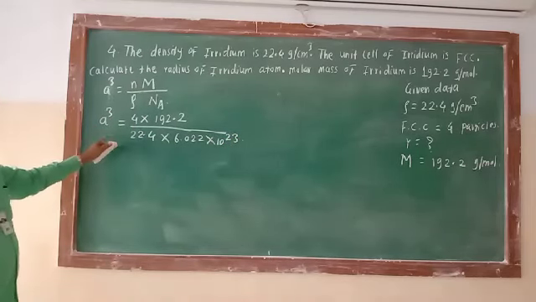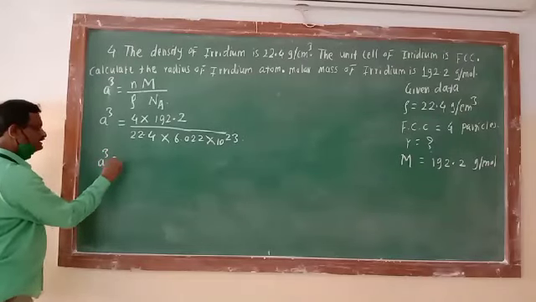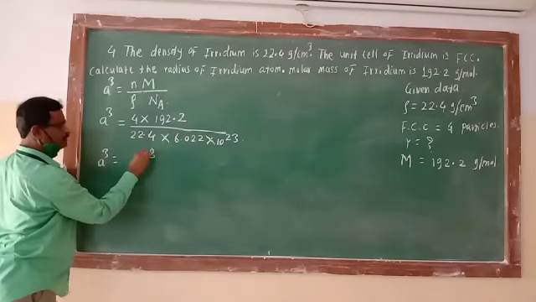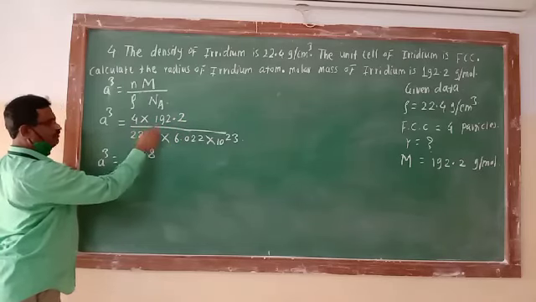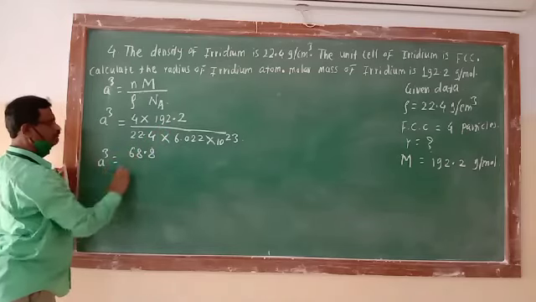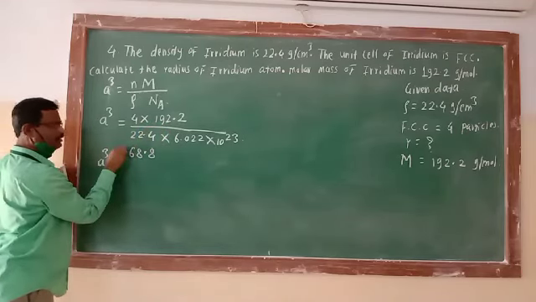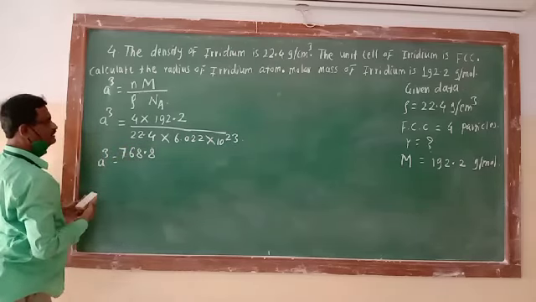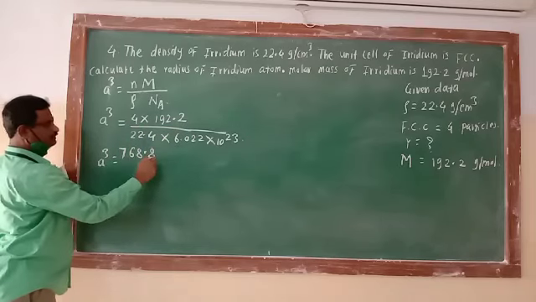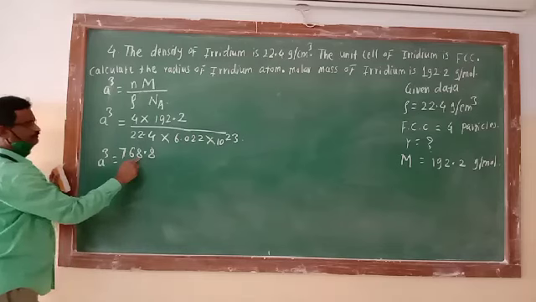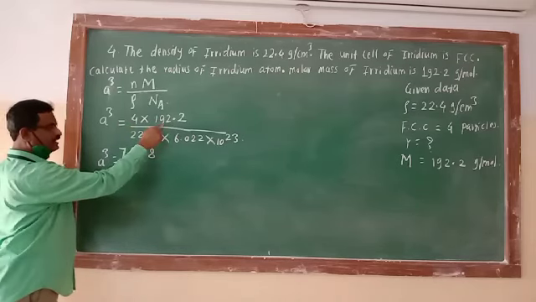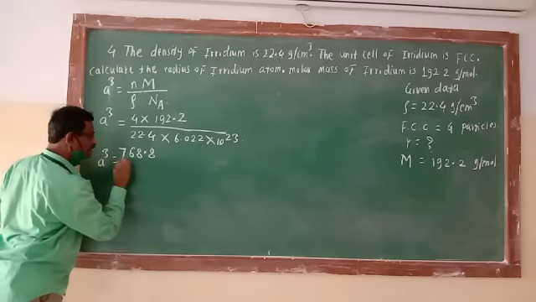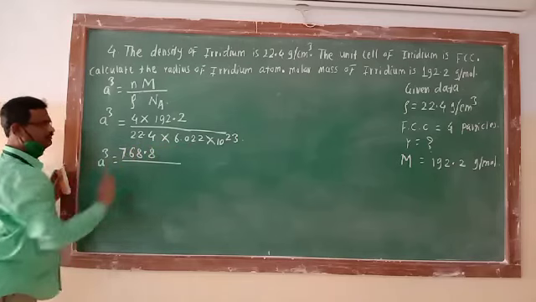So on solving this, we will get a cube equal to the multiplication of 4 and 192.2, that is 768.8, divided by this factor.